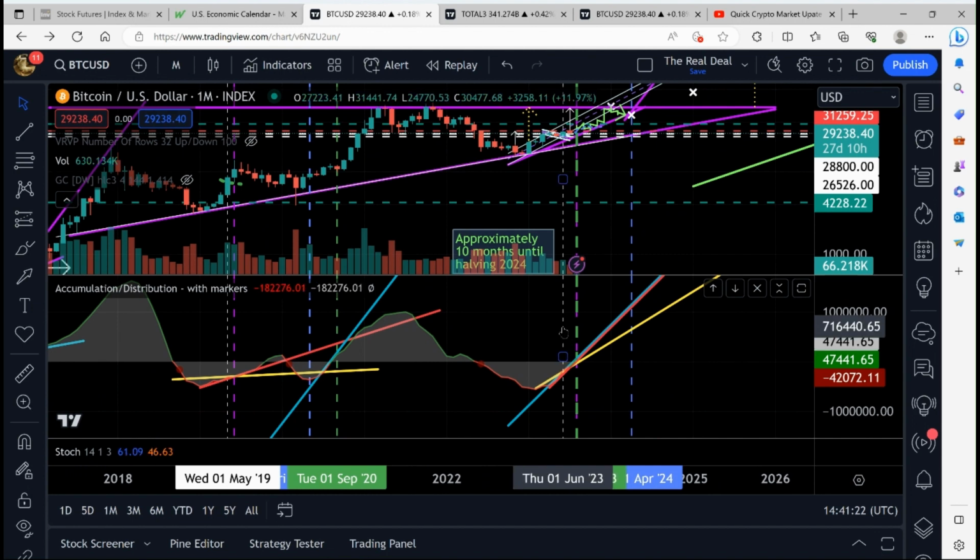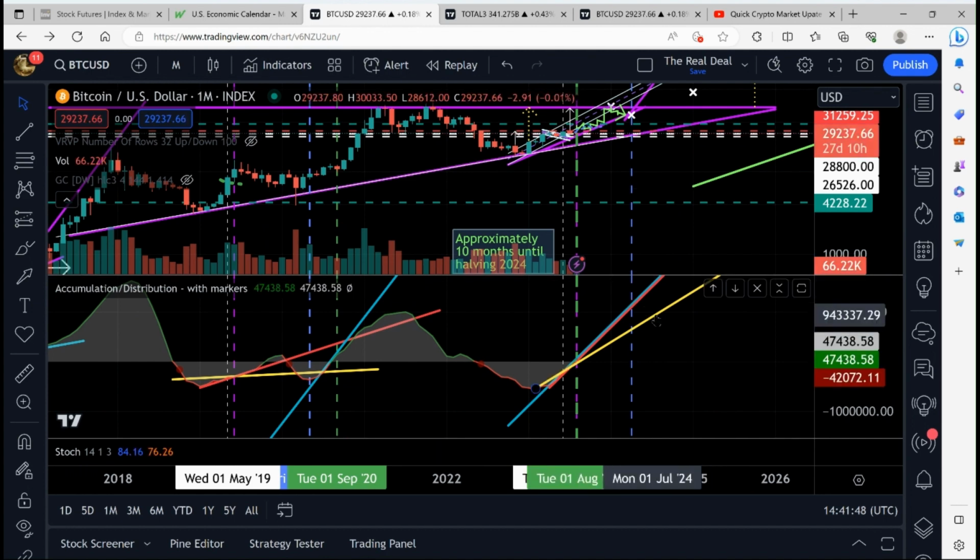We had our initial move up through the Gaussian channel. We had our retest, currently having our retest to the top of the Gaussian channel, and have crossed above the zero line of this indicator, all very close to one another, and they all have steeply sloping lines.